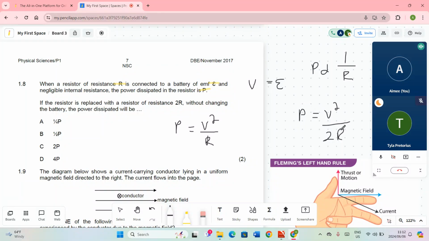And on this side of the formula, we have resistance in the denominator position, which means they're inversely proportional. It means that as power increases, resistance will decrease, or as resistance decreases, so power will increase. Okay? So if I increase my resistance by a factor of 2, it means that my power must decrease by a factor of 2 as well, which means 1.8's answer is B.